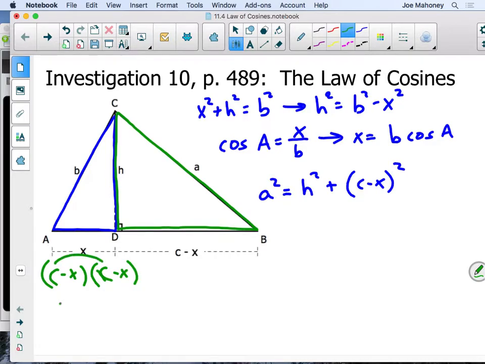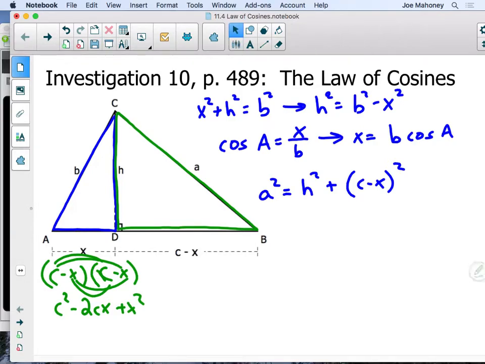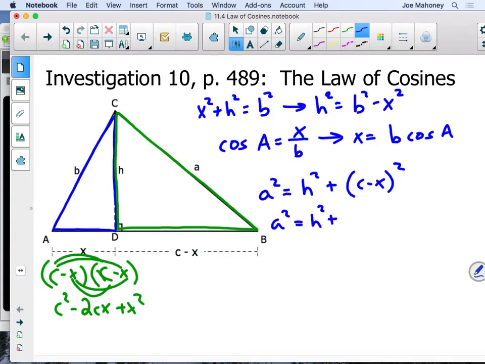When I do my distributive property, I get a c squared, I get an x squared, and notice what's going to happen in the middle. I get a c times a negative x, so negative cx, and I get another negative cx. So I have a negative 2cx there. So now I'm here with a squared equals h squared plus c squared minus 2cx plus x squared.